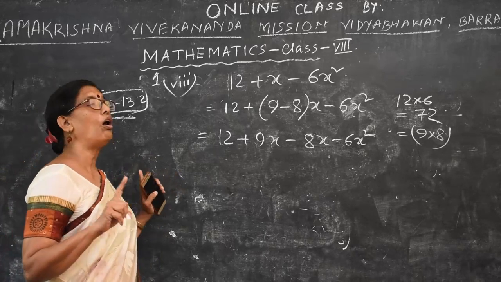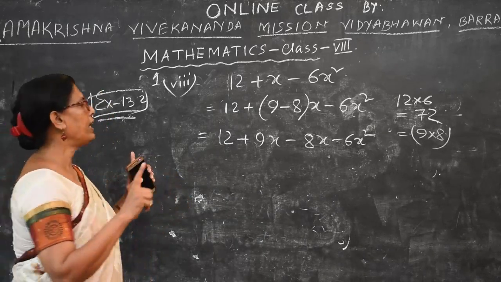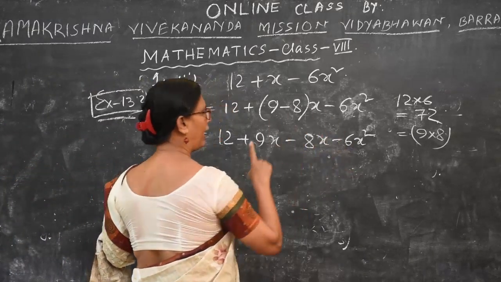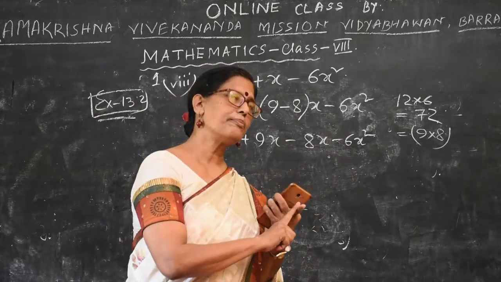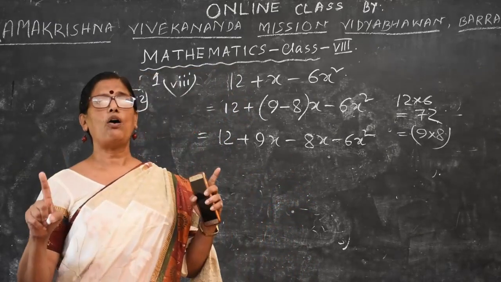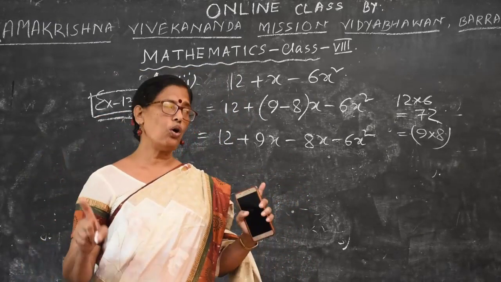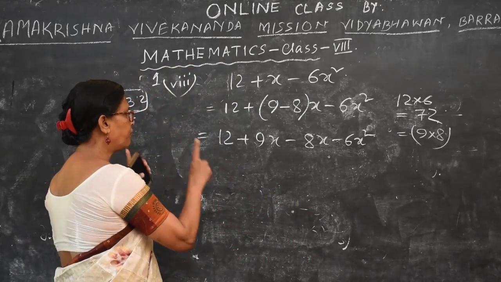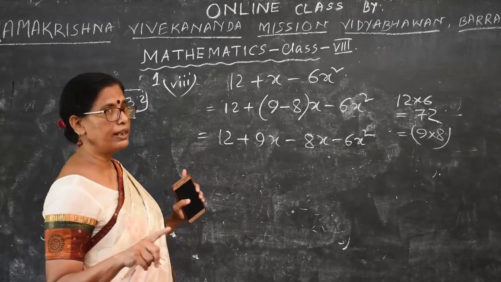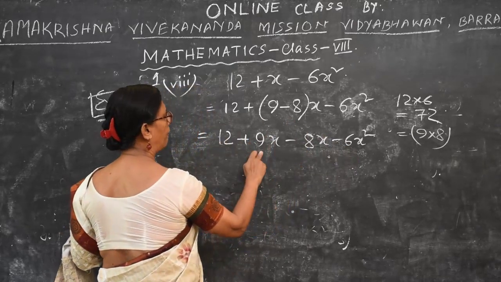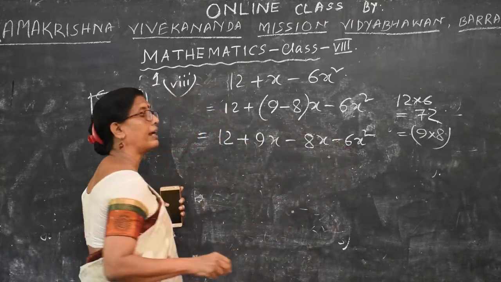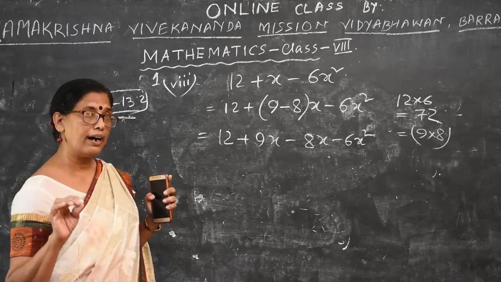But if all are not plus, then equal plus and equal minus must be there. If three are plus and one is minus, or three are minus and one is plus, it cannot give the correct answer. So before taking a common, you see the board for equal plus and equal minus. Here these two have a plus sign, these two have a minus sign. That means it is the correct way.